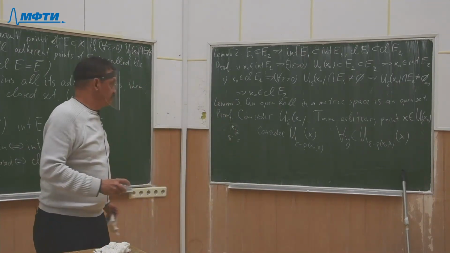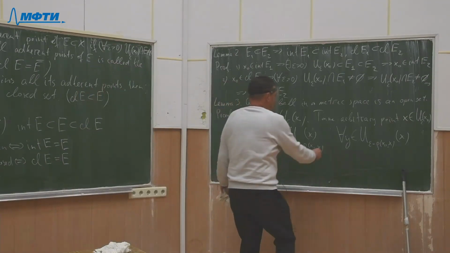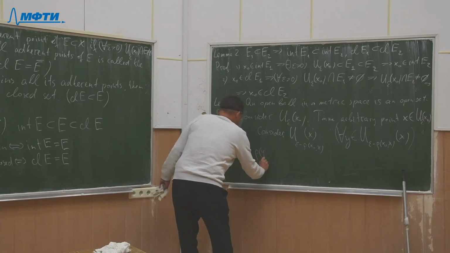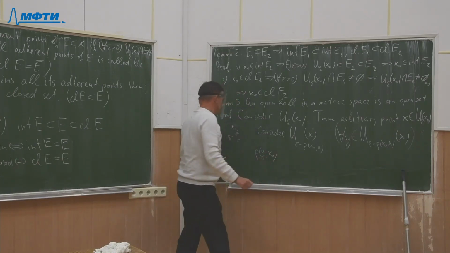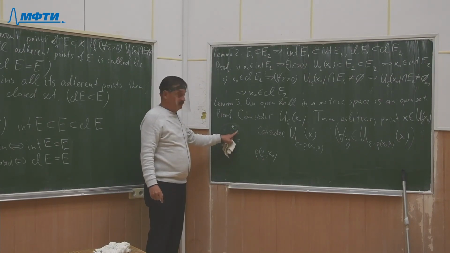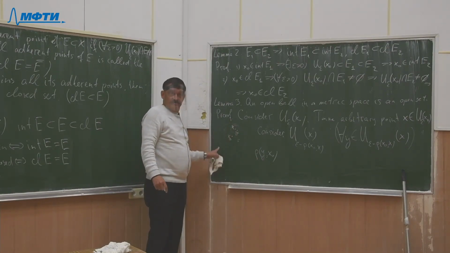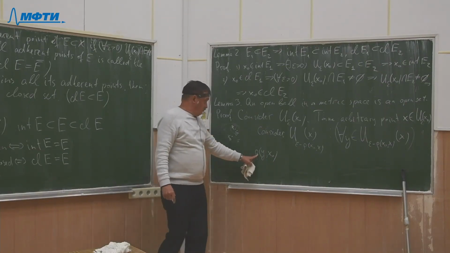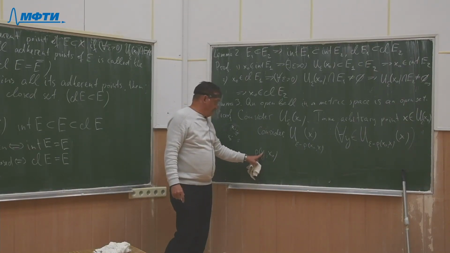Then what happens? We can write the following chain of inequalities. The distance from y to x naught. I want to prove that in fact this point y belongs to our original ball. So what is the distance from y to x naught?